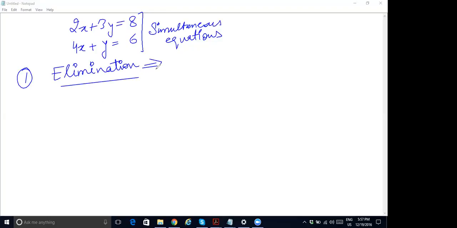Elimination is when we have to eliminate one variable. So, what is the process? You have to equate the coefficients of the variables first.